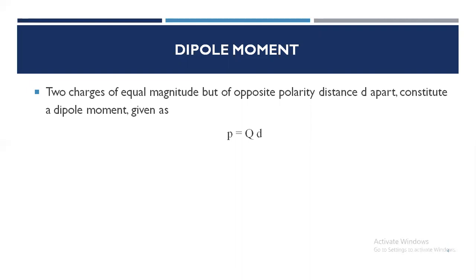Dipole moment is a vector pointing from negative charge to positive charge, and its unit is also the debye. One debye is a unit equivalent to 3.33 into 10 raised to minus 30 coulomb meter.